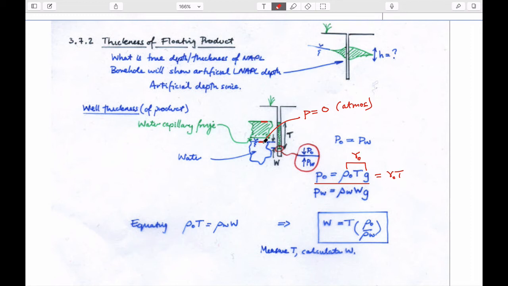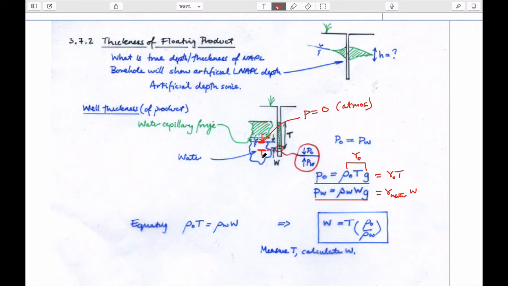And so if we go down from this to the bottom of this hole, the pressure acting at W is just going to be equal to the unit weight of the fluid multiplied by W. W is this difference. This is the water table. This is the depth below the water table.